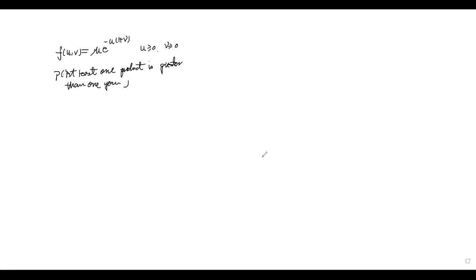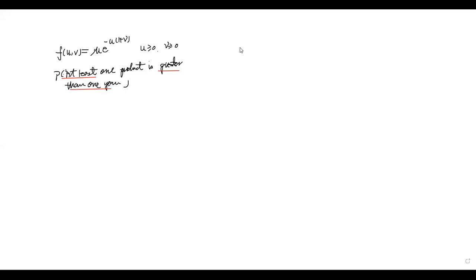The key idea for this problem is the phrase "at least". At least one greater than 1 year means it could be the U product greater than 1 year, or the V product greater than 1 year, or both.